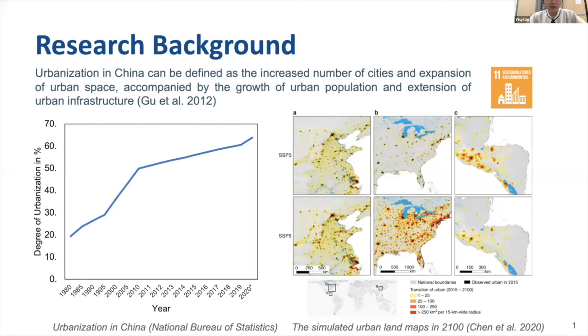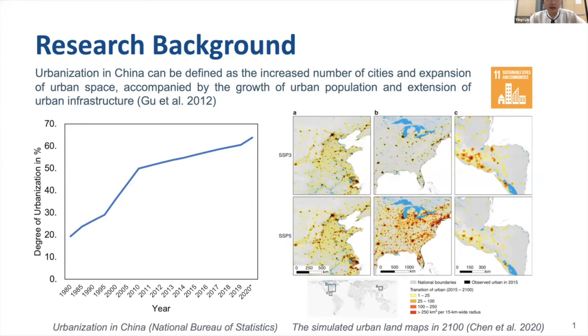The urbanization process in China has significantly expanded since 1978, and as of 2020, the urbanization degree in China has reached over 63%.